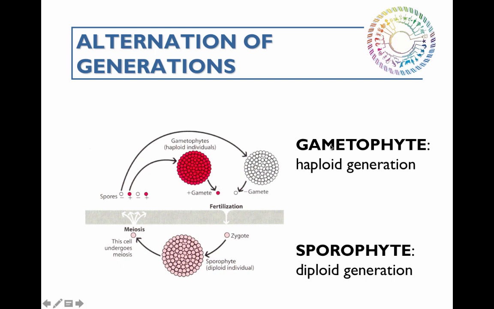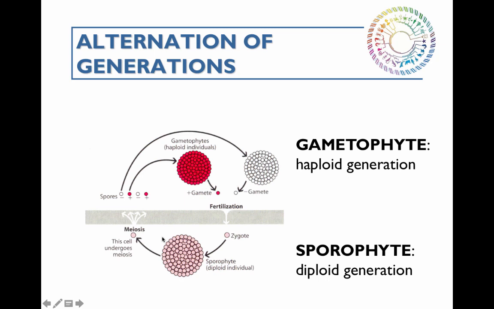Now, the word gametophyte literally means gamete-producing plant. The word ending phyte means plant, and of course gameto means gamete. So the haploid multicellular individual, shown by these two round balls of cells, are the gamete-producing plants, and here are the gametes that are created by the gametophyte.